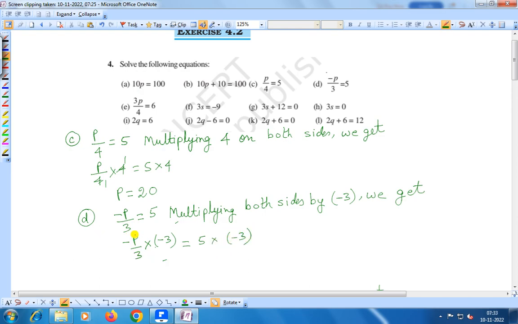Minus into minus is plus and 3 will be cut, therefore p is equal to minus 15.